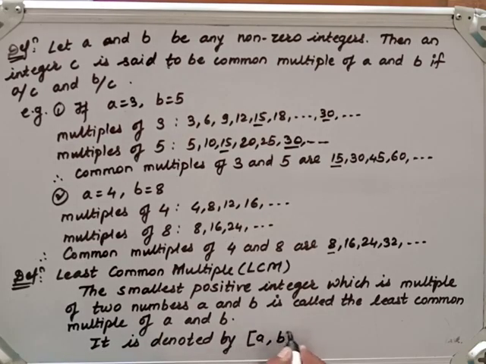Now you know the GCD is denoted by a round bracket. The LCM is denoted by the square bracket.